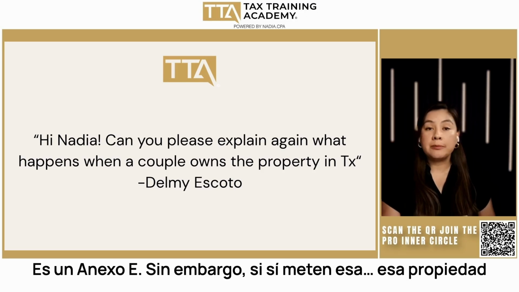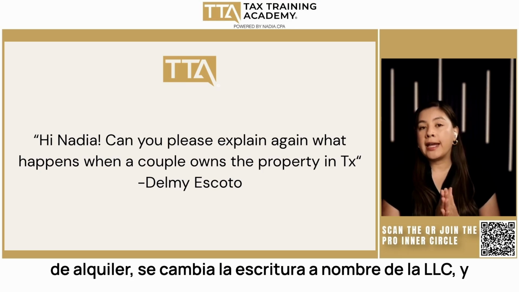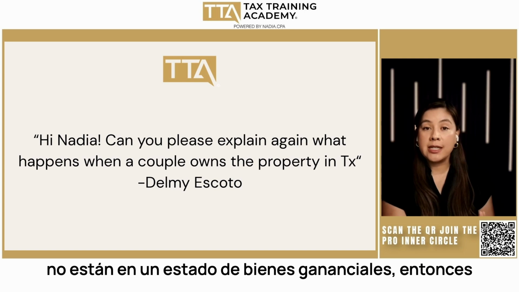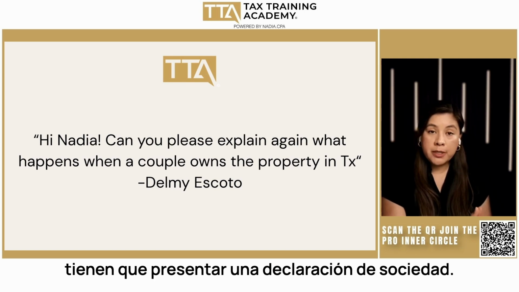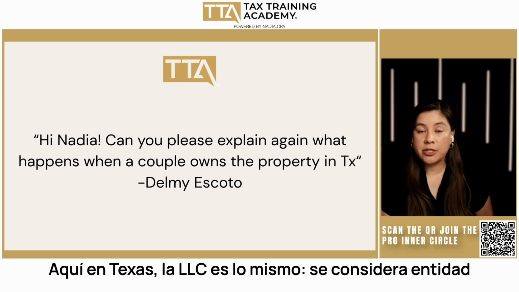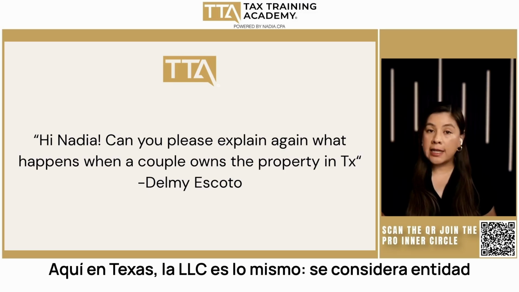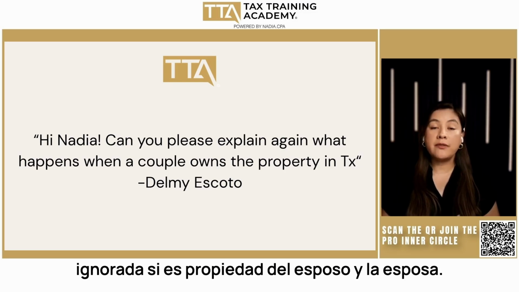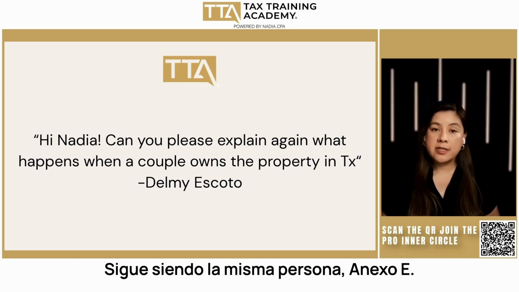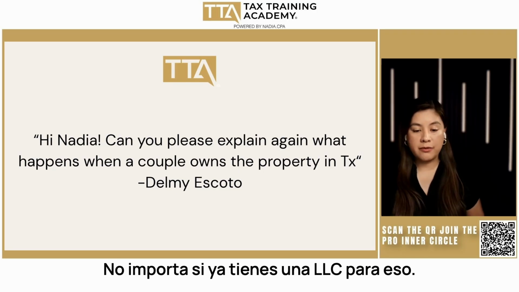It's a Schedule E. However, if they do put that rental property, the deed gets changed to the LLC, and they're not in a community property state, then they have a partnership return. Us here in Texas, the LLC is the same thing. It's disregarded. If it's owned by husband and wife, it's still the same person. Schedule E. Doesn't matter if you have an LLC already for that.